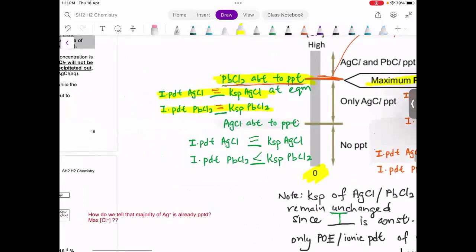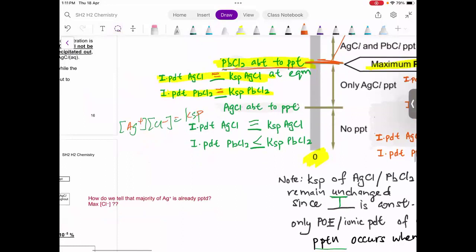So this means that I can equate the concentration of silver plus and chloride to be equal to the Ksp value. So my lead 2 plus and chloride ionic product equals Ksp value.